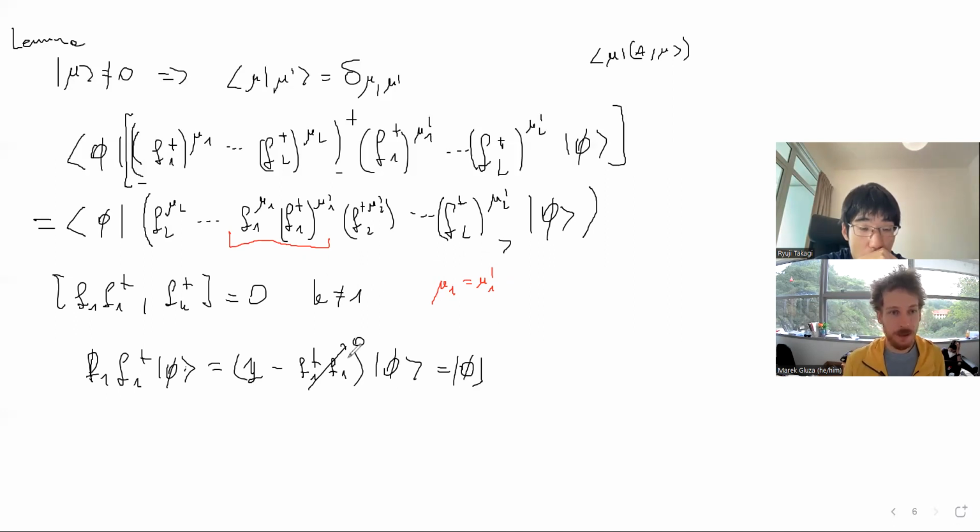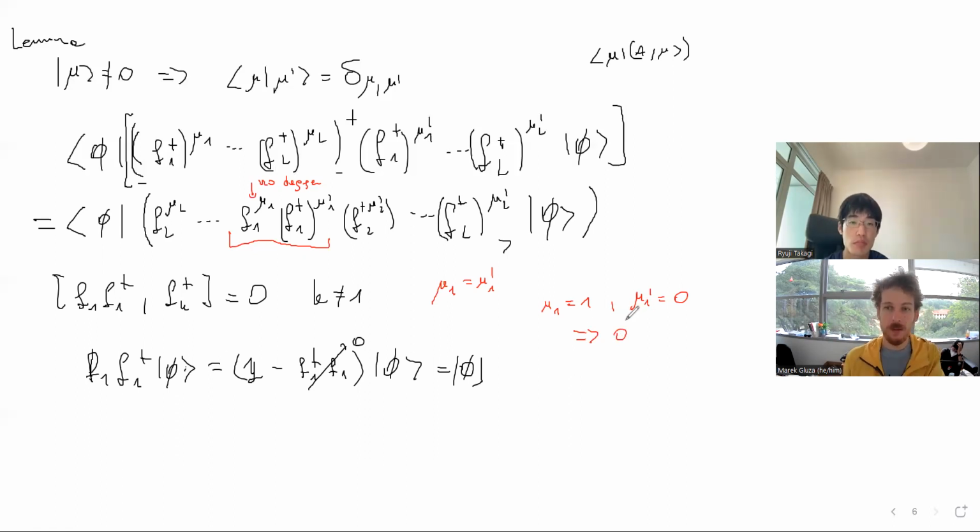Another thing that could happen is that mu1 is equal to 1 and mu1 prime is equal to 0, which means you have only the f1 operator with no dagger, here no dagger, which means that you can just push it through all the way to 0 and it will drop. Okay, so now we are computing the case that if they are not equal, then we are getting a 0.